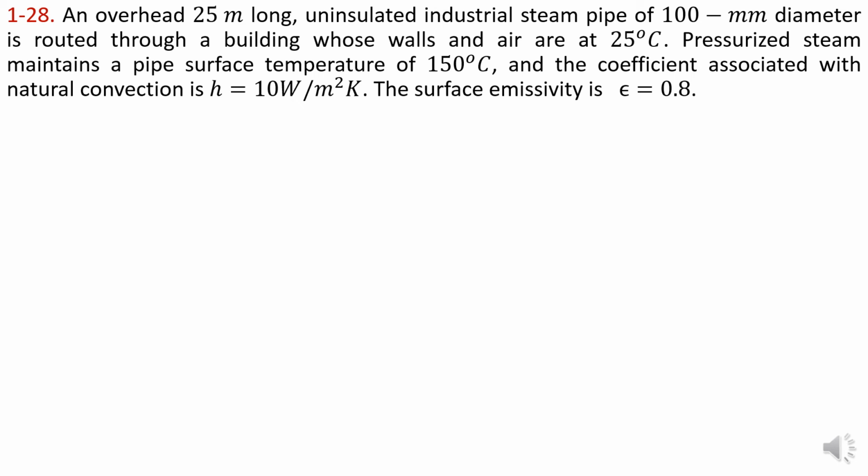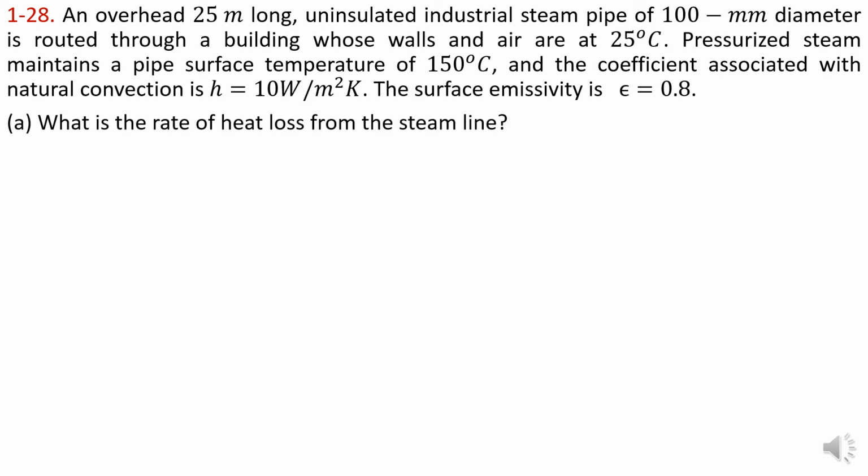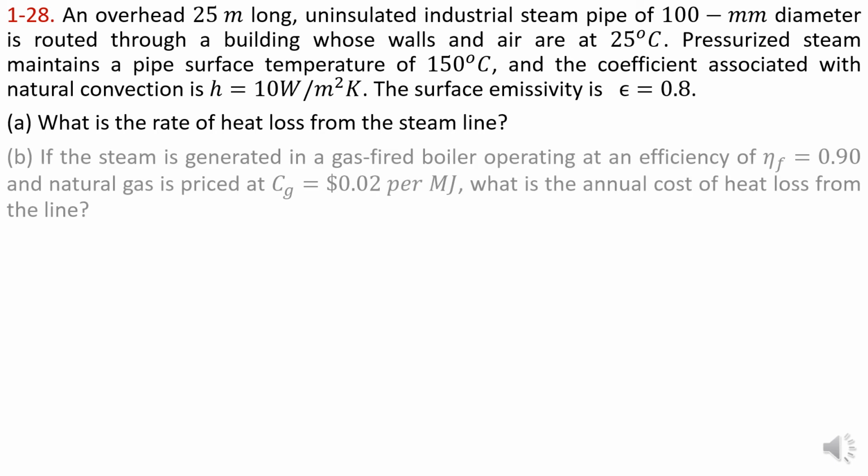Pressurized steam maintains a pipe surface temperature of 150 degrees centigrade and the coefficient associated with the natural convection is h equals 10 watt per meter square Kelvin. The surface emissivity is epsilon equals 0.8. Part A, what is the rate of heat loss from the steam line?